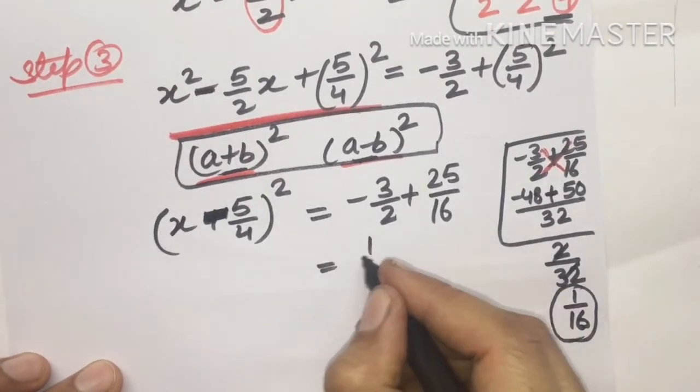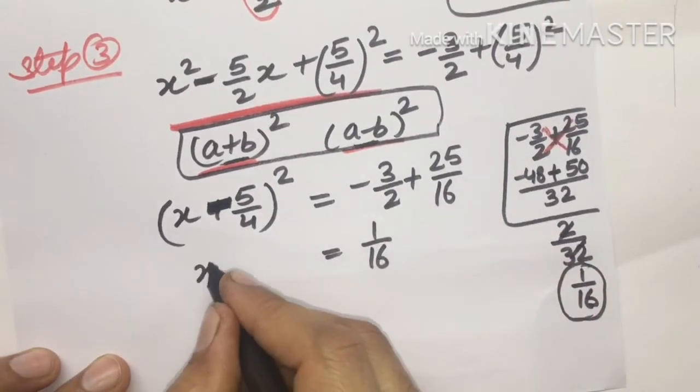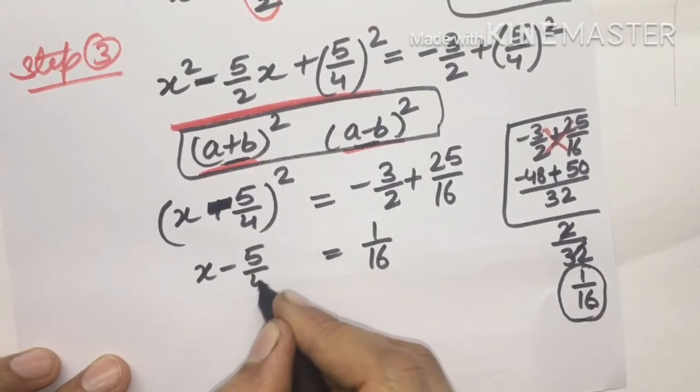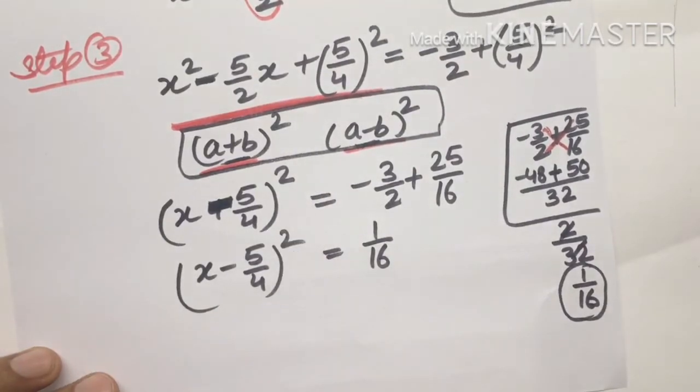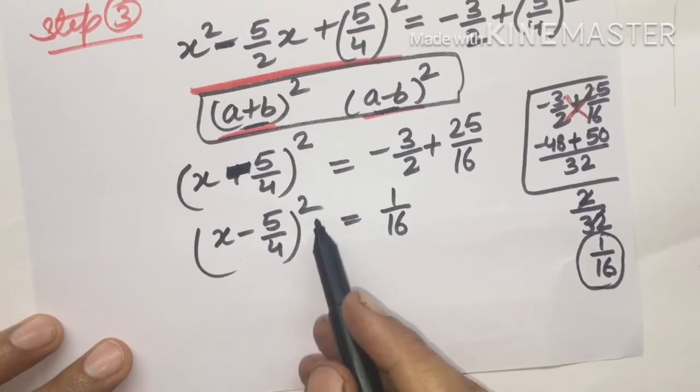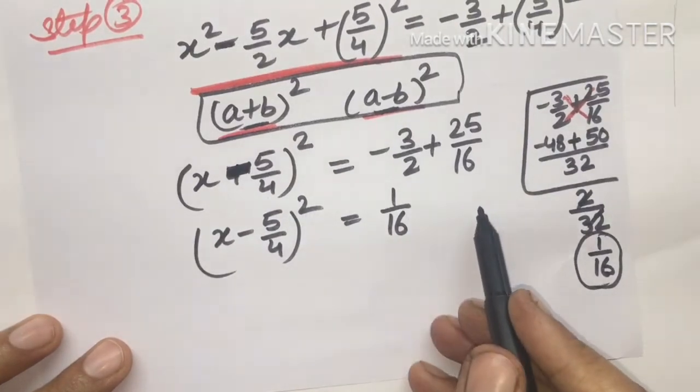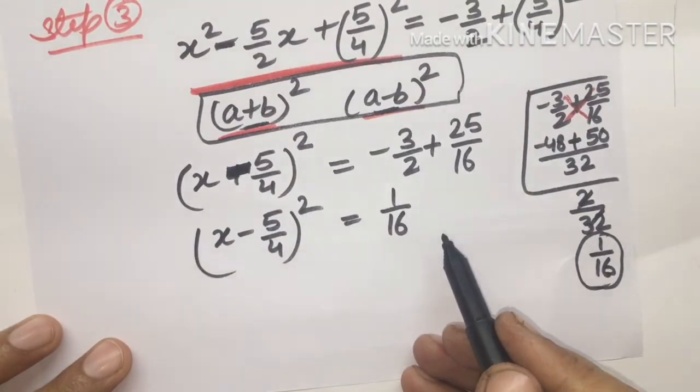So I will write 1 upon 16, and here on the left side x minus 5 upon 4 whole square. In the next step, this square will go to the right side and become a root.